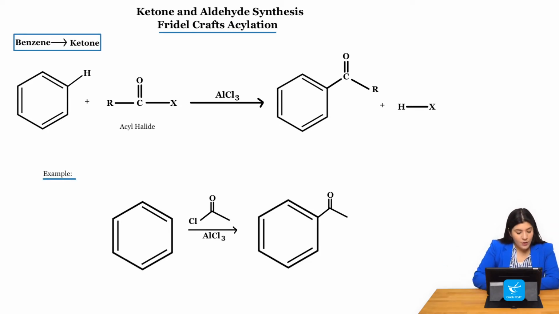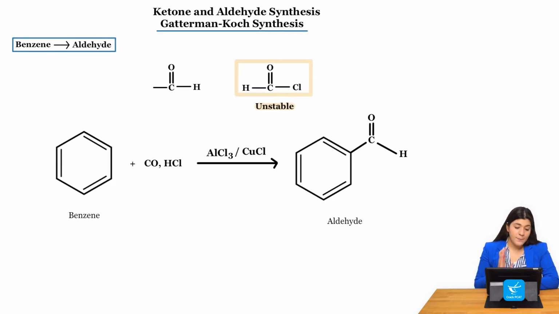For example, we could have something like this, where this is most likely what it's going to look like. All I'm doing is just removing that chlorine, attaching onto the benzene ring, and we're done. So in the case that you were to see just this as a product, well, you know that if I have that benzene ring and I have that ketone, it's going to be Friedel-Crafts. Moving on to going from a benzene ring to an aldehyde.